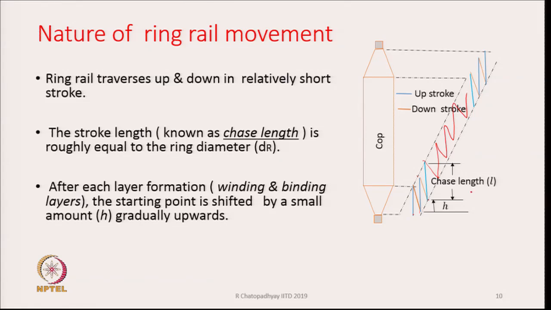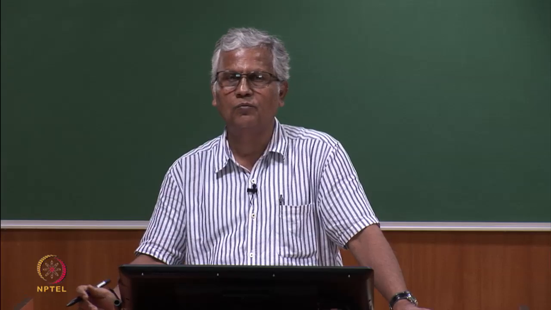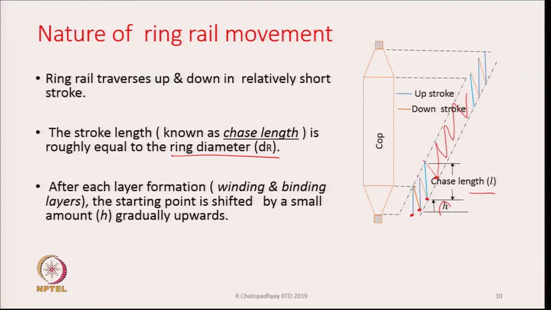So, chase length is shown here, the distance over which the ring rail is moving, and it is roughly equal to the ring diameter. After each layer formation, winding and binding layer, the starting point is shifted by a small amount h. You see here, the starting point is this, then it becomes here, then it goes there. So, this starting point after each cycle of movement of the ring rail is shifted upwards, and this amount of shift in this case is h.